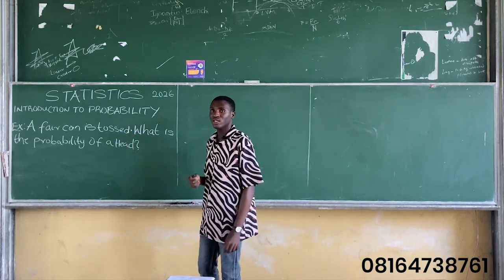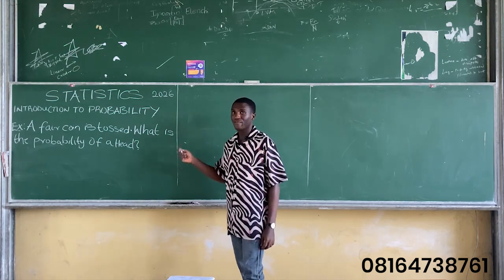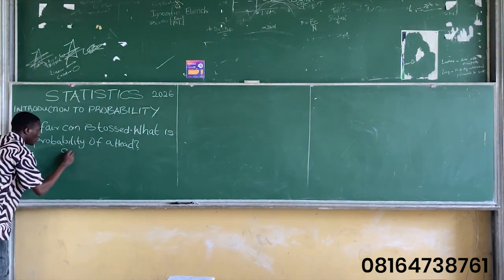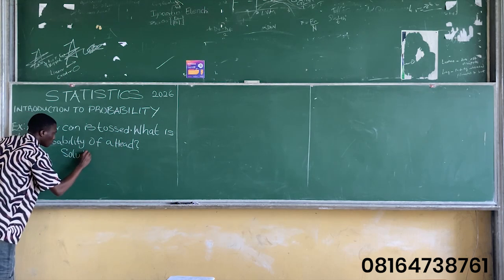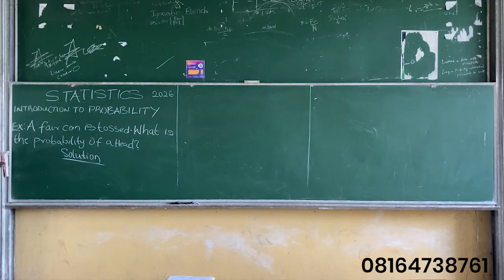Now the question says, a fair coin is tossed. What is the probability of a head? Now to answer this question, solution: firstly, we look at the sample space like we earlier discussed for a coin.